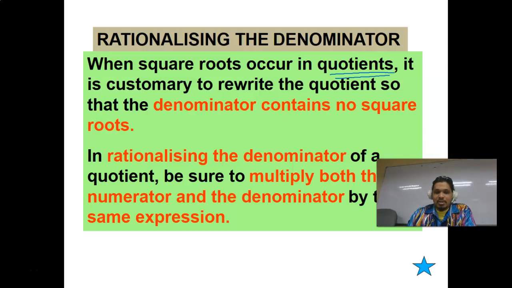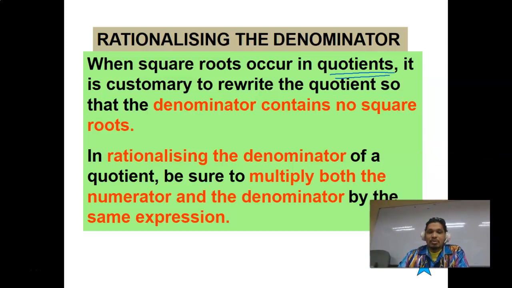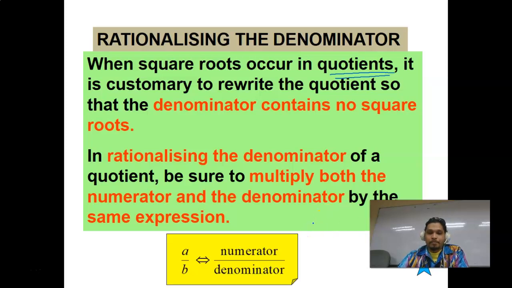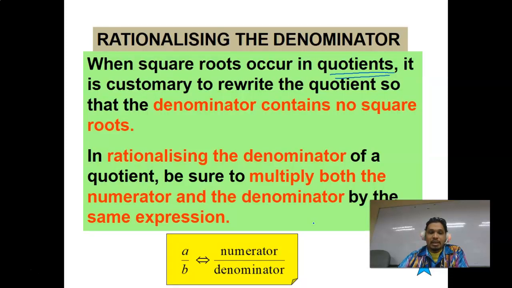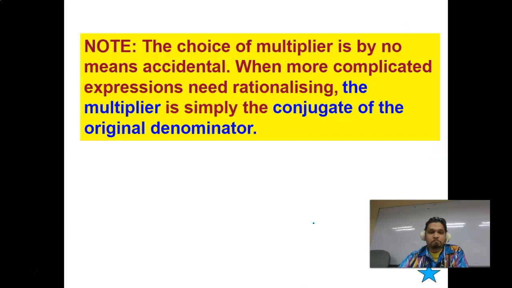And in rationalizing the denominator of a quotient, be sure to multiply both the numerator and denominator by the same expression. Right here, A is the numerator and B is the denominator. So the choice of multiplier is by no means accidental.